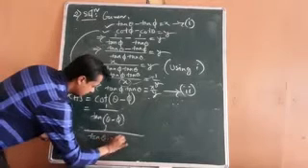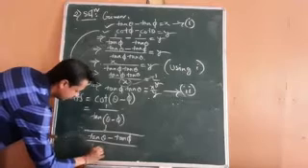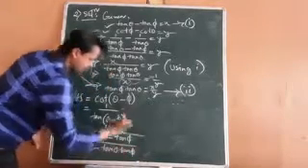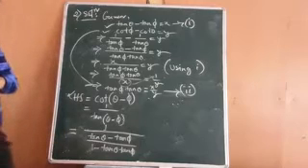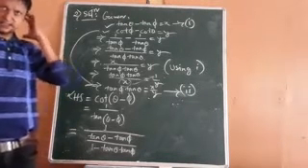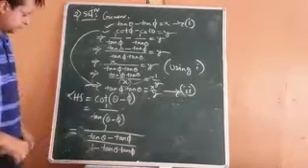Tan A minus tan B by 1 minus tan A tan B. So after writing this much first, we continue next.